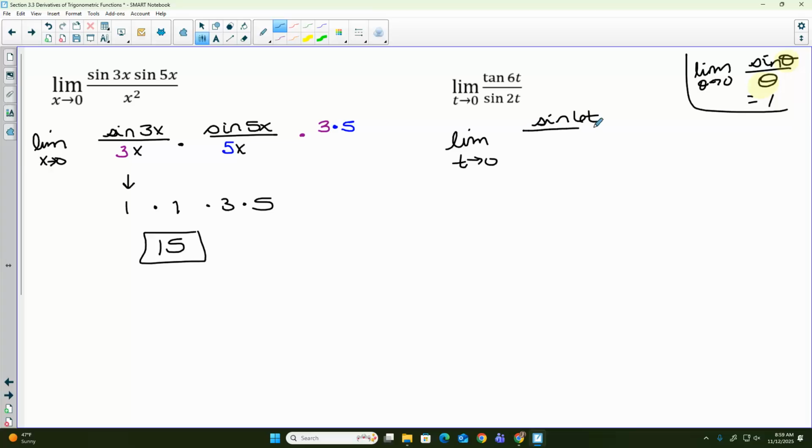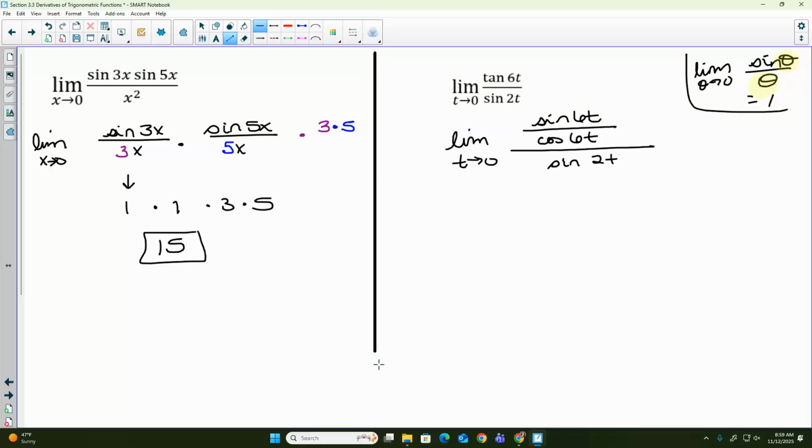Tangent is sine over cosine. So I have that whole thing divided by sine. This is like a sine t over 1. So if you want to divide fractions, you can multiply by the reciprocal.